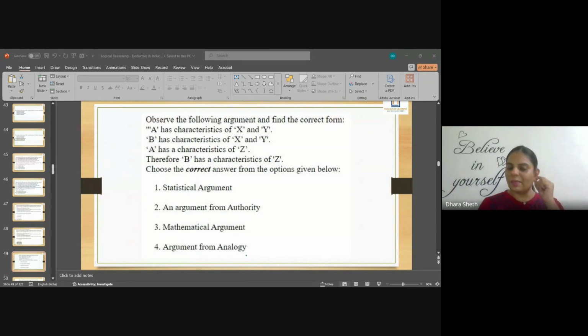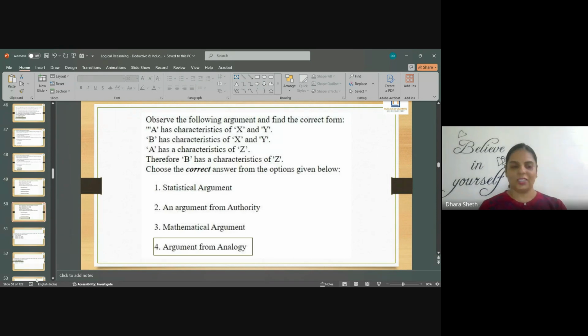No one thinks it is mathematical argument because it has A, B, X, Y? Okay. So you're right. The answer is argument from analogy.